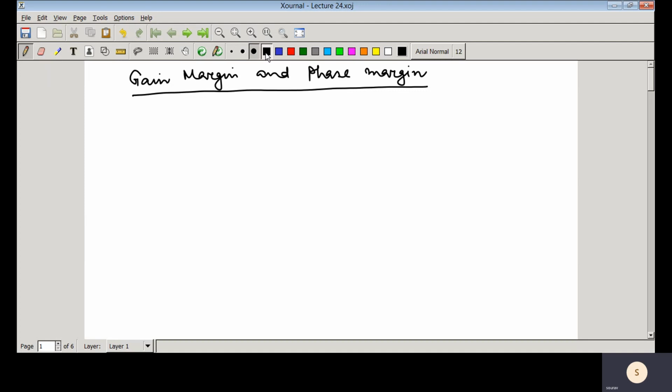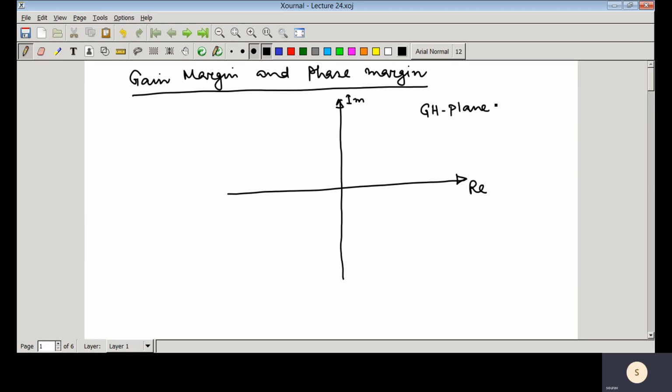So let us first draw a part of the Nyquist diagram. This is the GH plane. This is the real part and this is the imaginary part. Suppose this is part of the Nyquist plot.